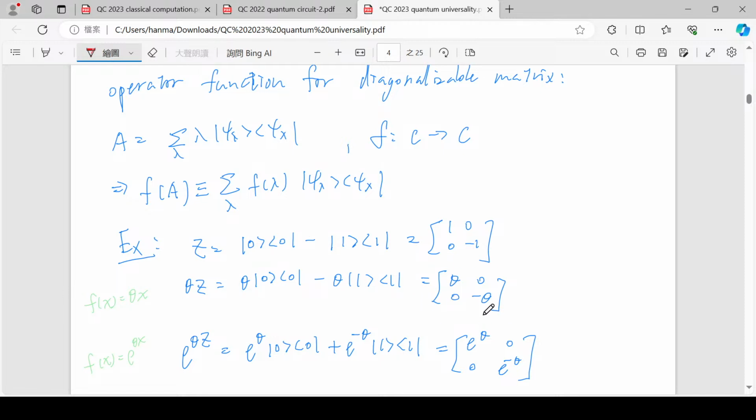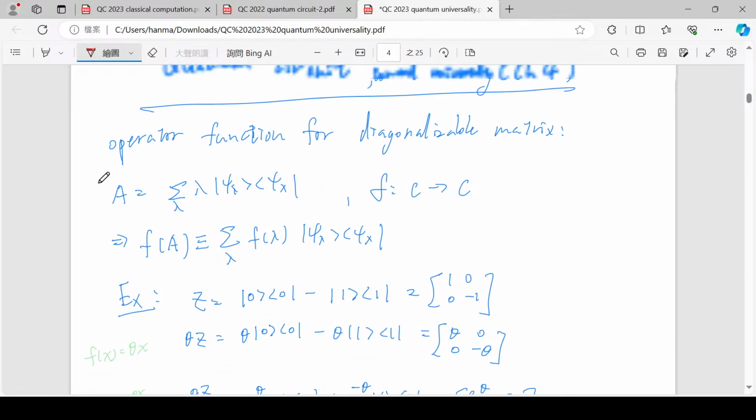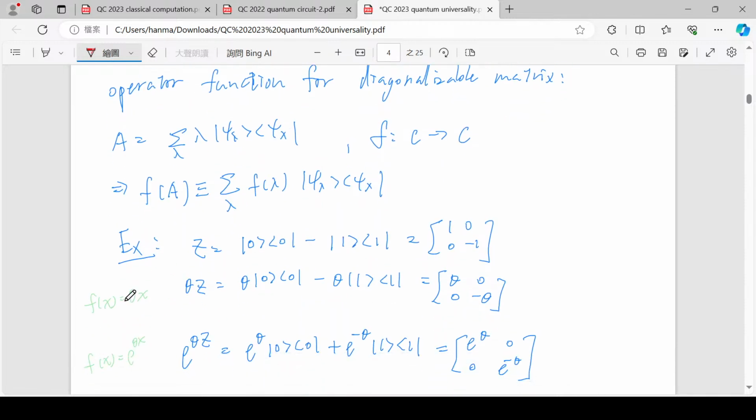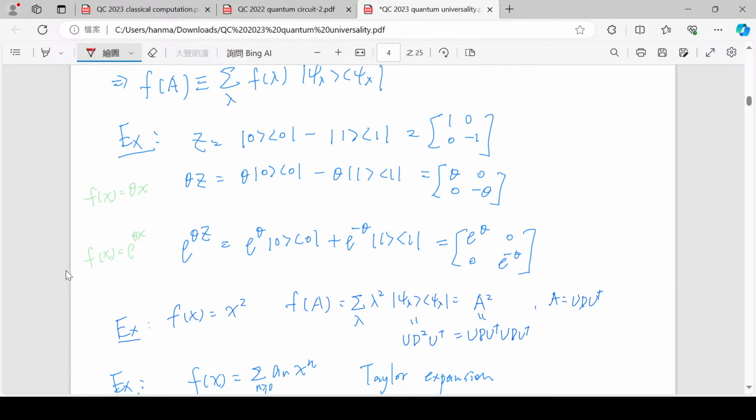So in terms of matrix it is this. You see this definition makes sense because it coincides with what you expect when you multiply by a scalar: every element gets multiplied by the scalar. Pretty cool.